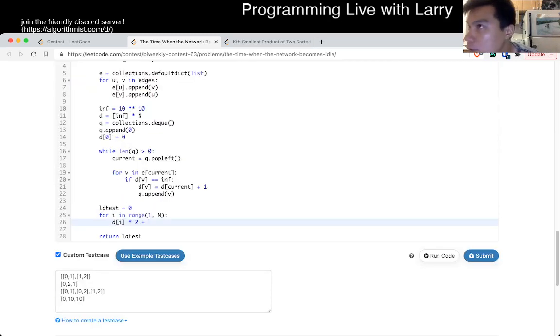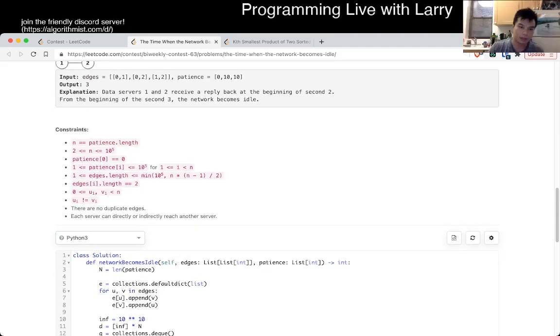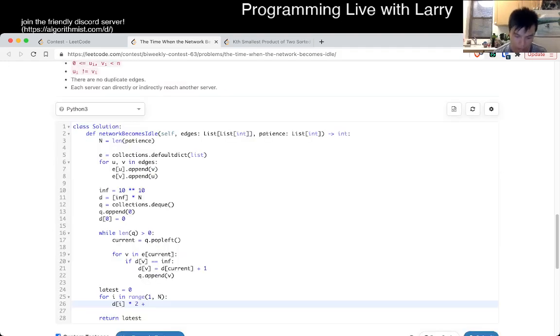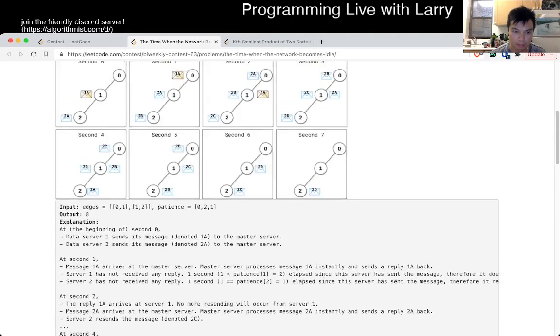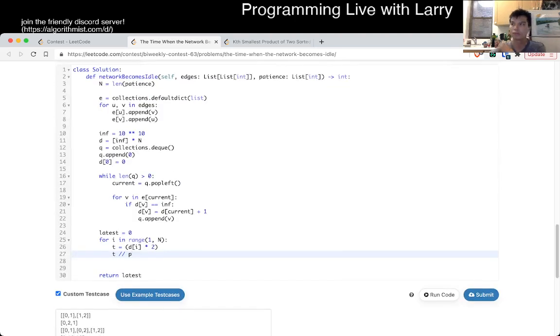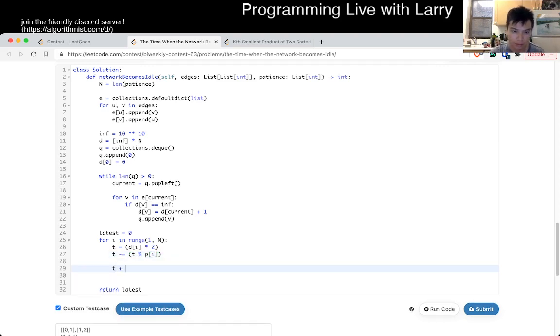So basically, total distance, and then the last message that it sent is this plus 0 times 2 minus 1.